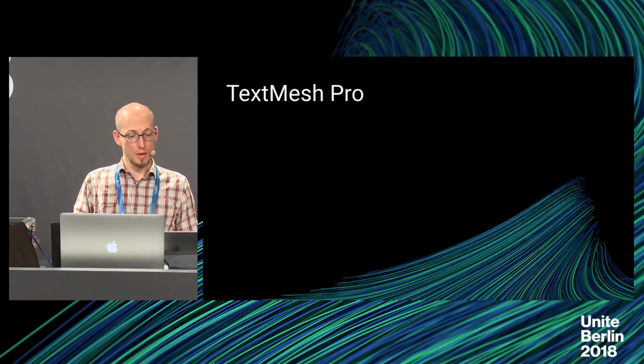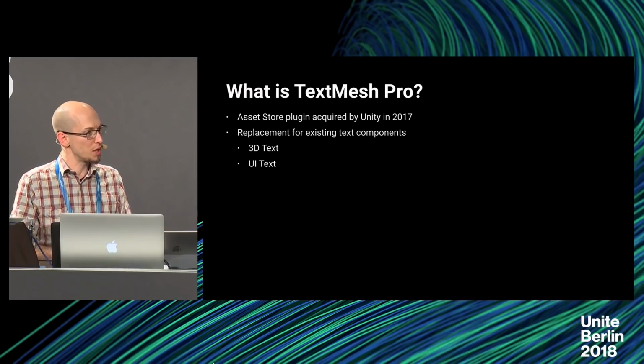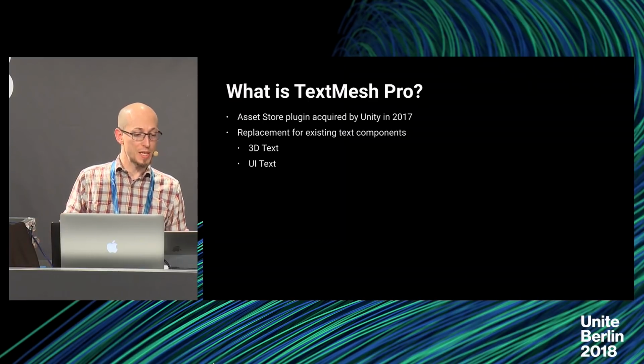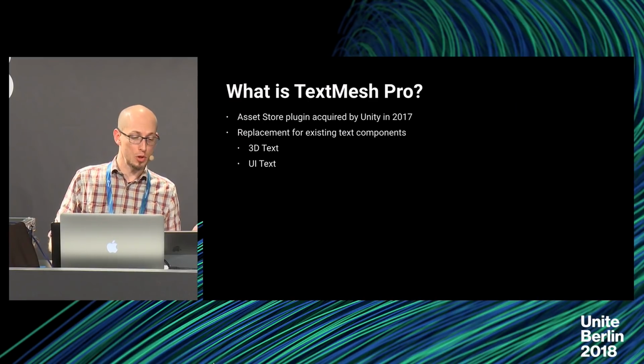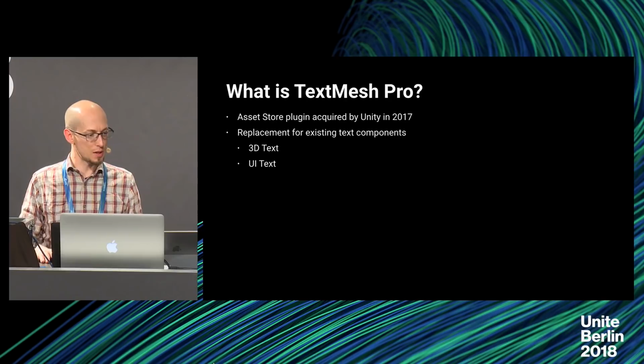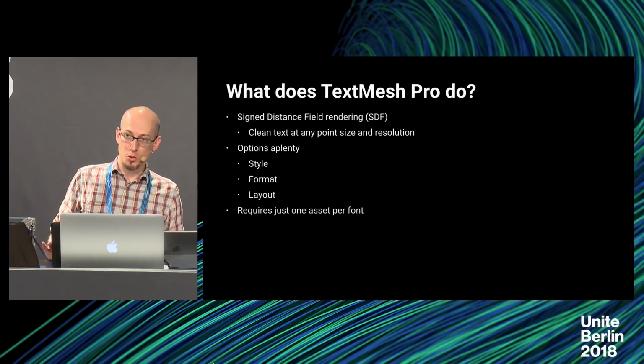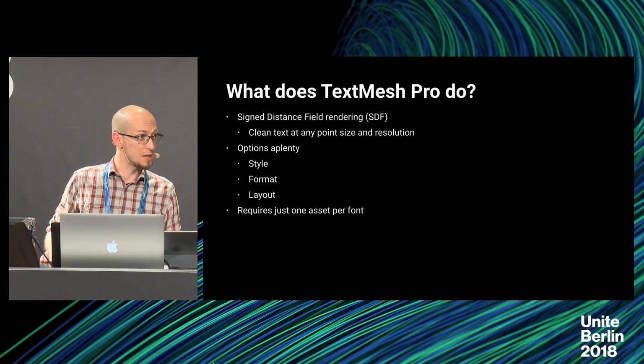Now, the good news: TextMesh Pro can help you. TextMesh Pro is an Asset Store plugin, which Unity acquired in 2017. And it's basically a replacement for those text components we just talked about, the 3D text and UI text. TextMesh Pro is pretty awesome at two things. First, it's using an advanced rendering technique called signed distance field.